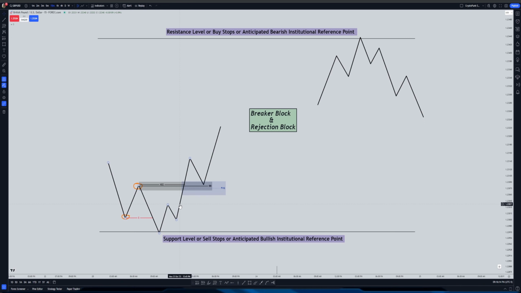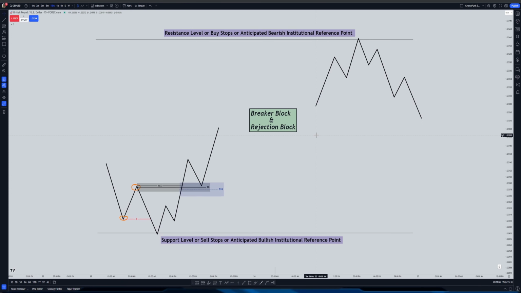And in this term, you can simply ignore your first fair value or any fair value that is around this area. Okay, the opposite is true for a bearish breaker or bearish breaker block. So you are looking at a resistance level, buy stops or buy side liquidity, and anticipated bearish institutional reference point. So what is that? A bearish higher time frame fair value gap, order block, whatever, like you got the point already from here, right?